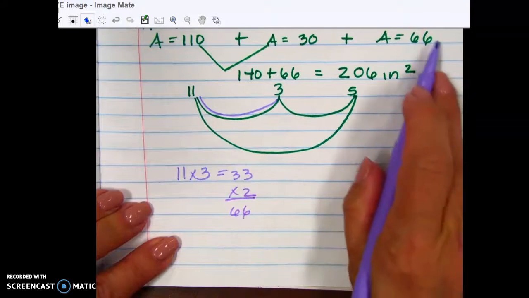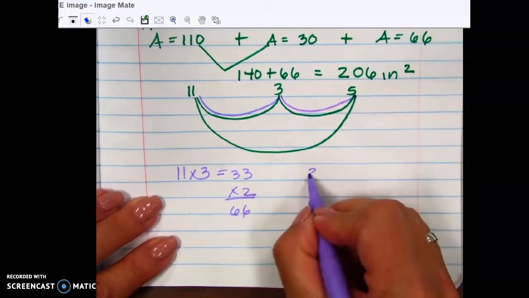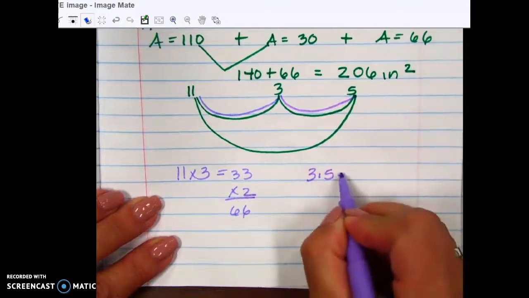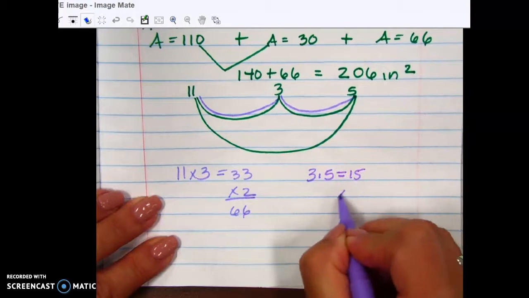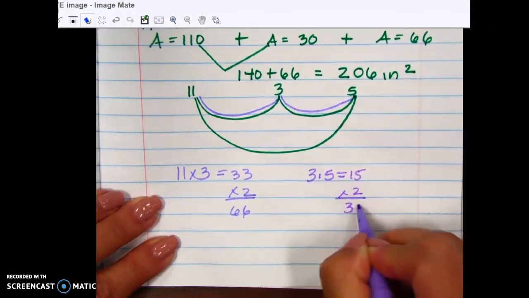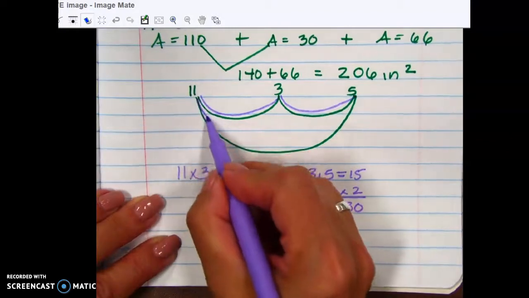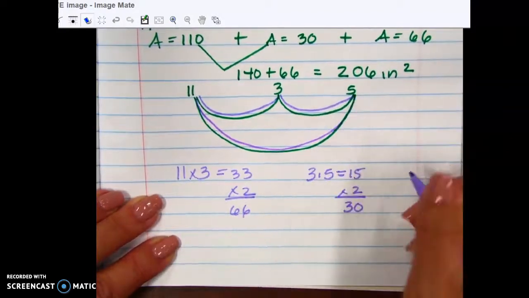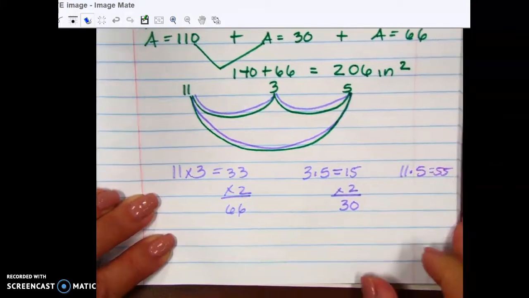That's familiar. Then I take 3 times 5, which equals 15. Multiply it by 2, and I get 30. Looks familiar. Then I take this part, and I say 11 times 5, which equals 55. Am I going off the page?